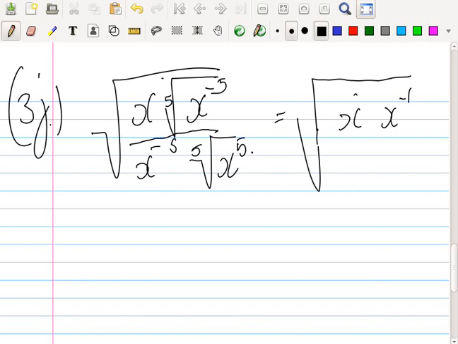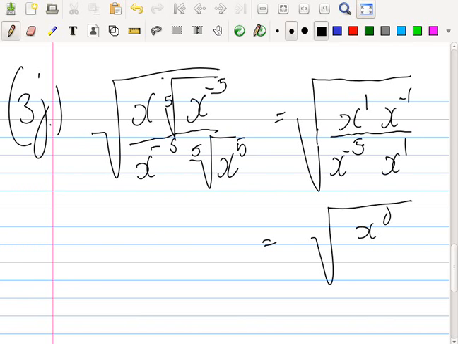And then here, this is fifth root. So 5 times 1 over 5? 1, okay. And then here is x minus 5. Okay. So on the top, I add the powers. So what do I get? 1 minus 1? 0. And then here I add the powers, what do I get?